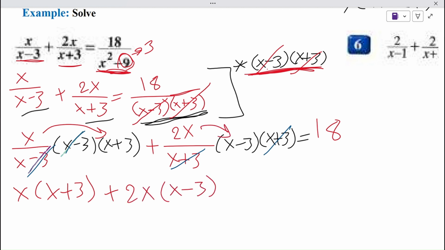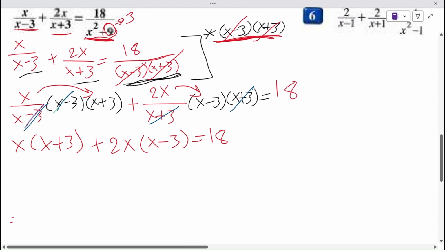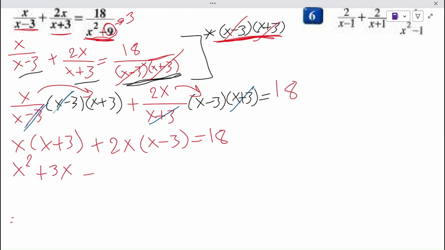Let's multiply them. x times x, x squared, plus 3x, plus 2x squared, 2 times 3, negative 3, is equal to negative 6x. And this 18, you can put it to the other side of the equality. This has become negative 18, is equal to 0.